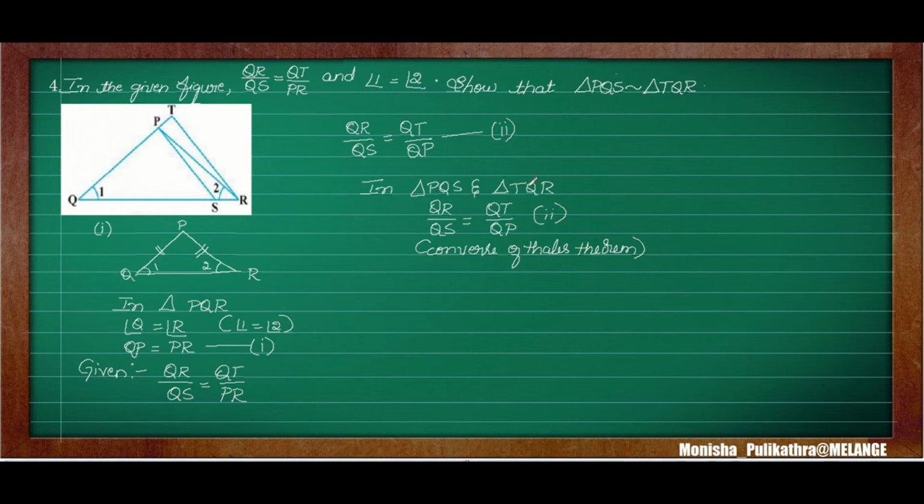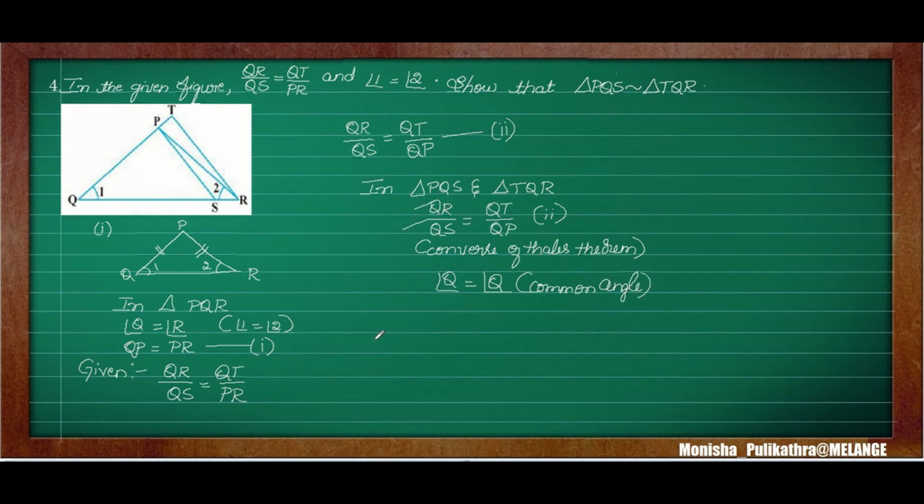Next, in these two triangles, PQS and TQR, angle Q is common in both triangles, right? So angle Q is equal to angle Q, because in both triangles angle Q is a common angle.